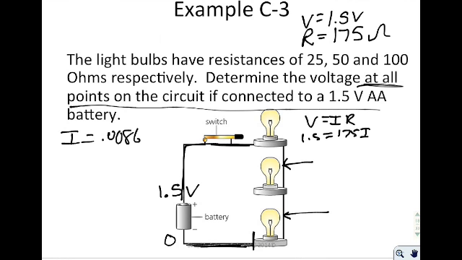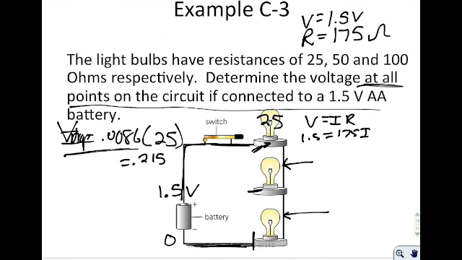0.0086. Now remember, in order to solve for the voltage drop, you have to multiply the current times the individual resistor value. The individual resistor value for the first one is 25. So I would take 0.0086 and multiply it by 25, and the voltage drop is about 0.215.